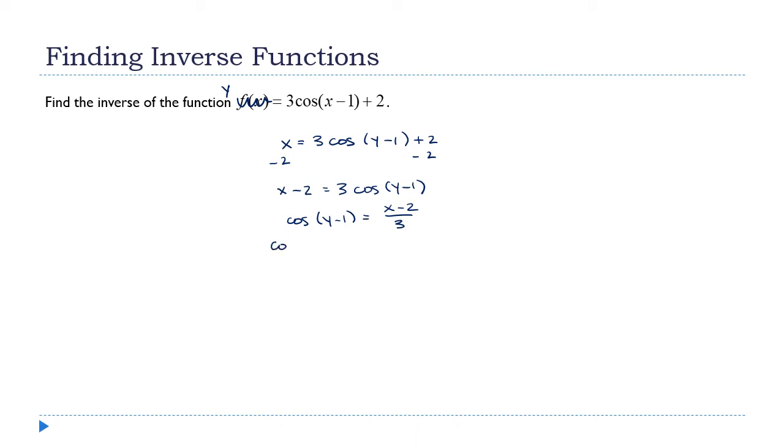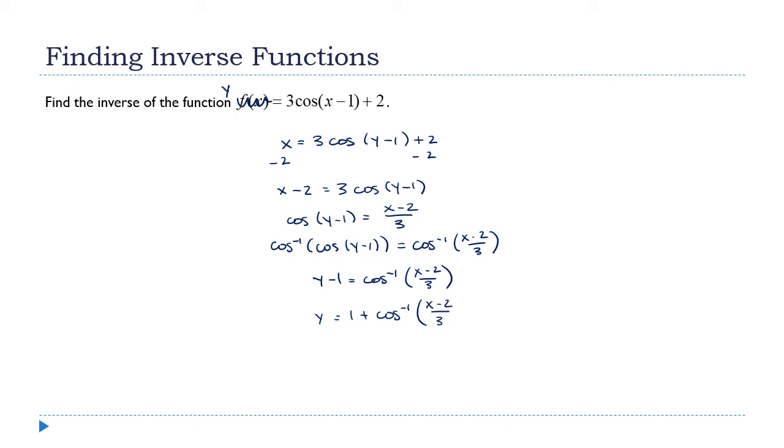Inverse cosine and cosine cancel on the left, and we're left with y minus 1 equals inverse cosine of x minus 2 over 3. And add 1 to both sides. y equals 1 plus the inverse cosine of x minus 2 over 3.